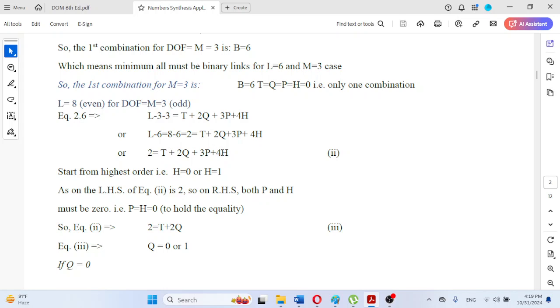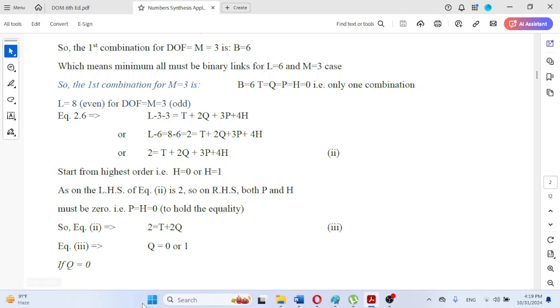So that means h can only adopt 0 value if L is equal to 8 and 3 DOF is there. So there can't be any hexagonal link for L is equal to 8.